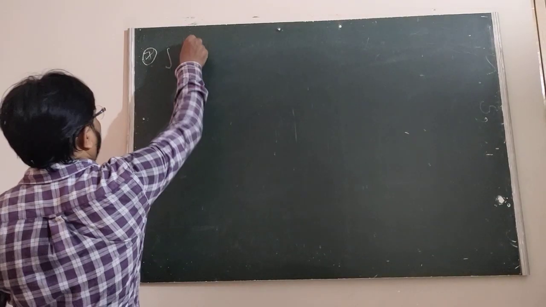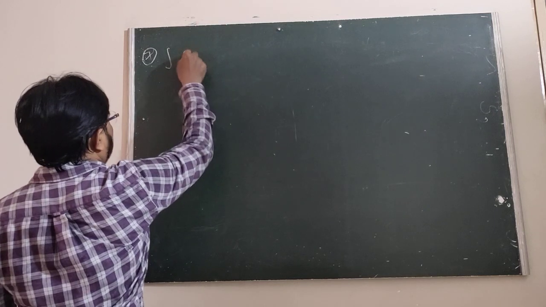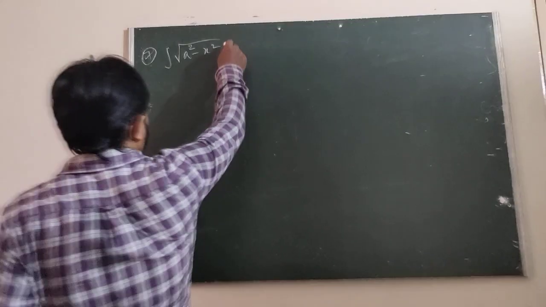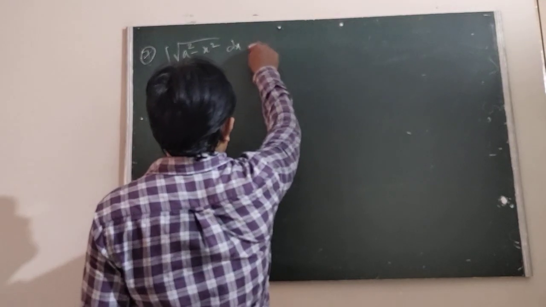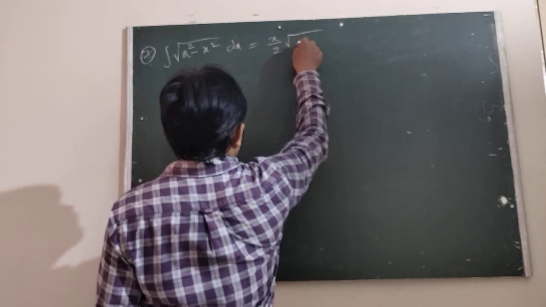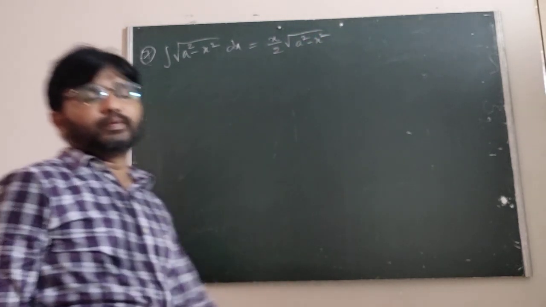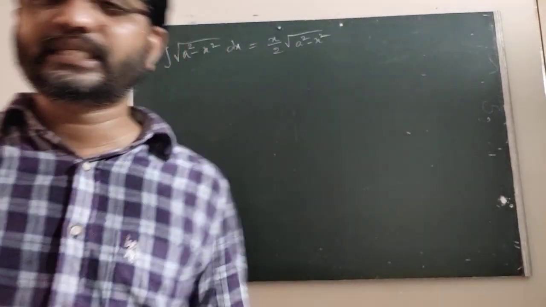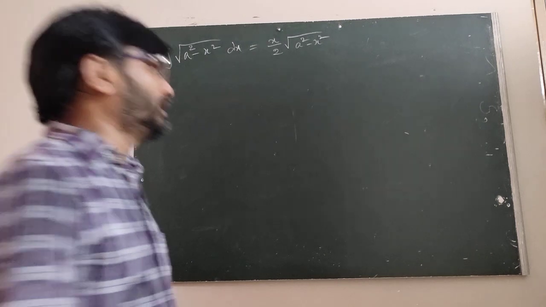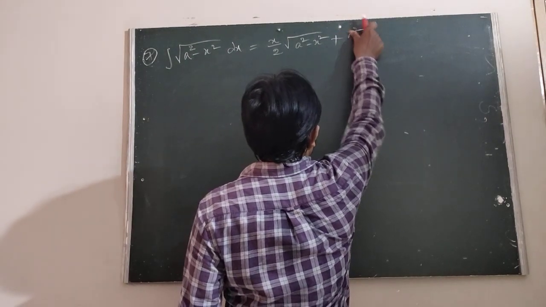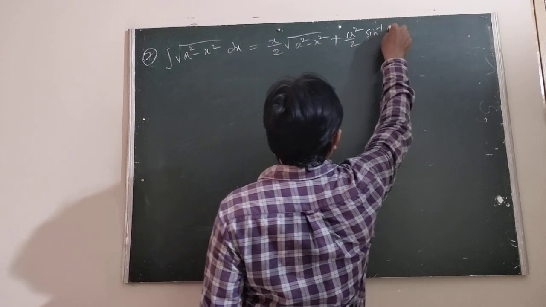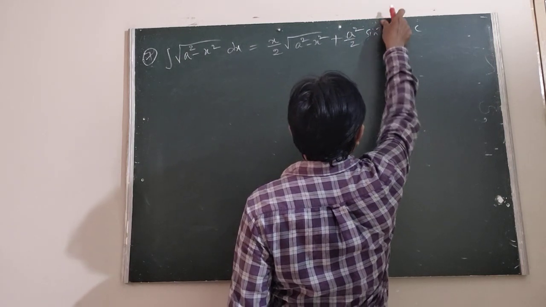The integral of under root a square minus x square dx is of the form x by 2 root of a square minus x square plus a square by 2 sin inverse of x by a plus c.